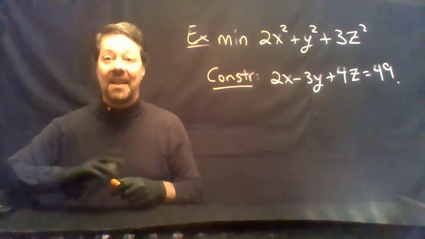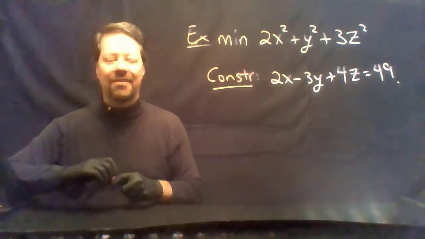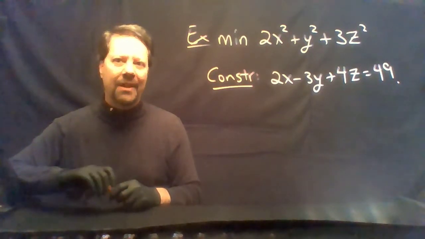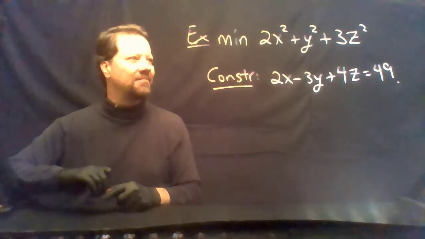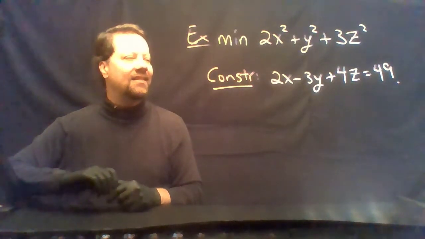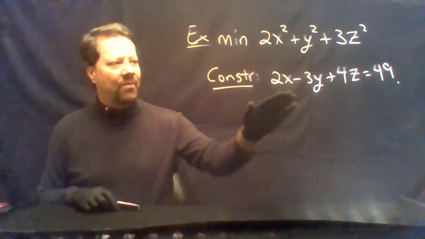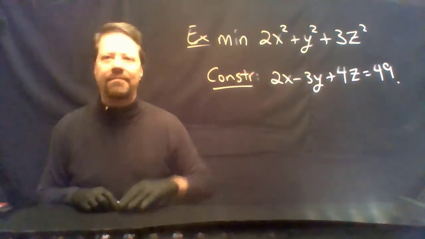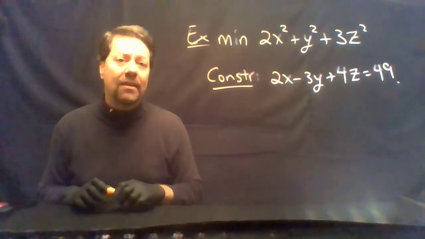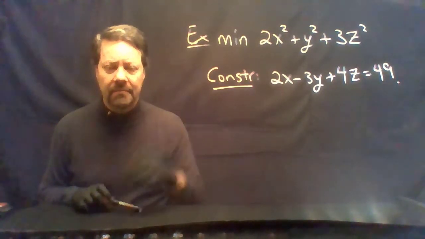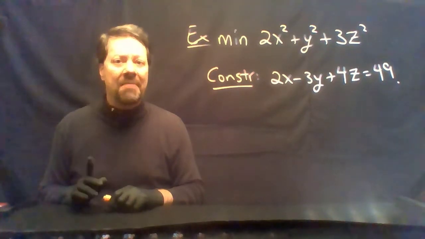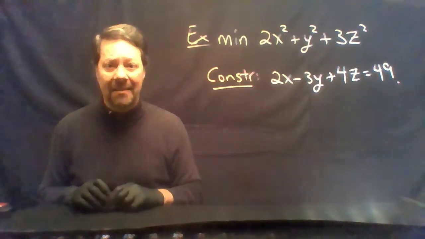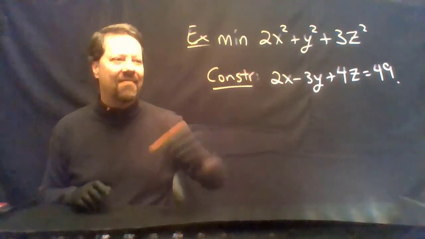This is a plane in R3, it would be a hyperplane in R4 with w unconstrained. So, we're taking this plane and slicing it through this elliptic paraboloid in 4 dimensions, and we obtain a closed and bounded region. According to the extreme value theorem, this must have both an absolute max and an absolute min when taken together.